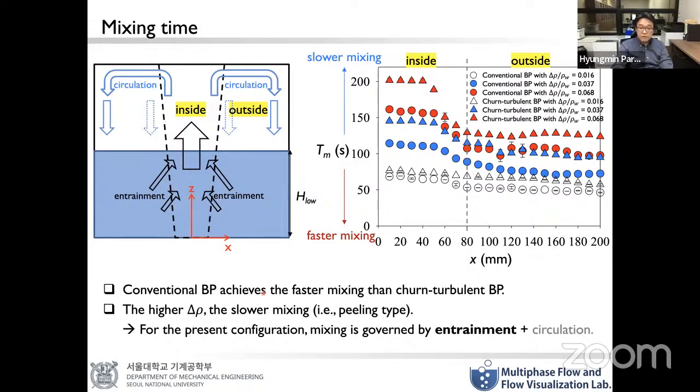Second, when the density difference becomes higher, the filling type mixing pattern is not that good because it achieves slower mixing. That means the falling type is much better at enhancing the mixing of the two fluids. So for the present configuration, the mixing is governed first by the entrainment of the upper liquid by the bubble plume, and we have to make a circulation. That is the key to enhancing the mixing.